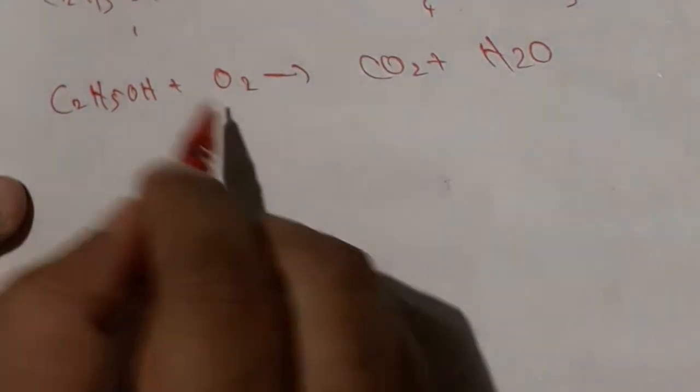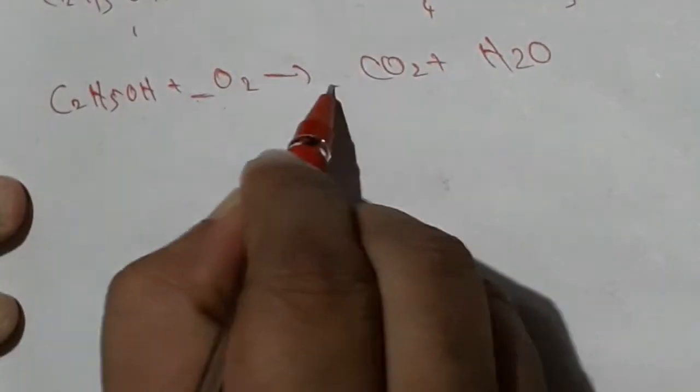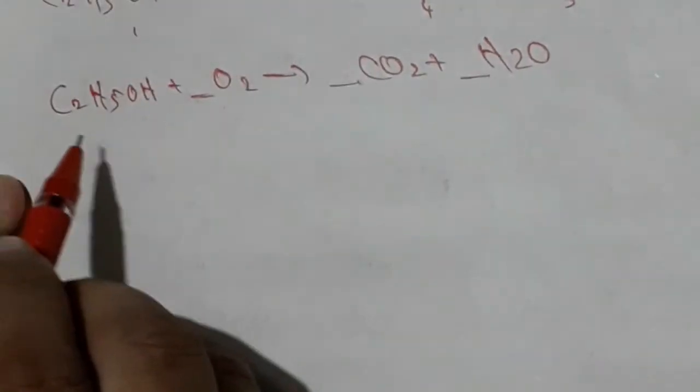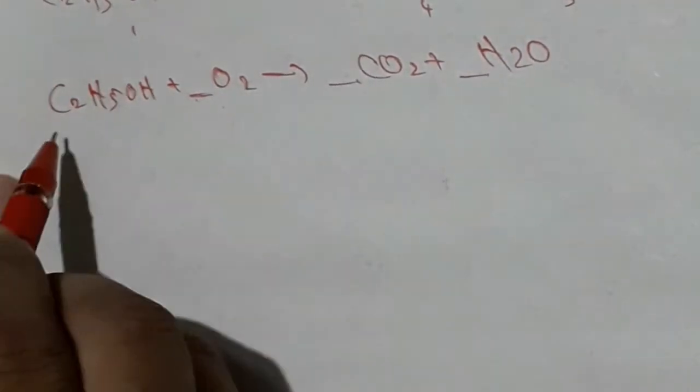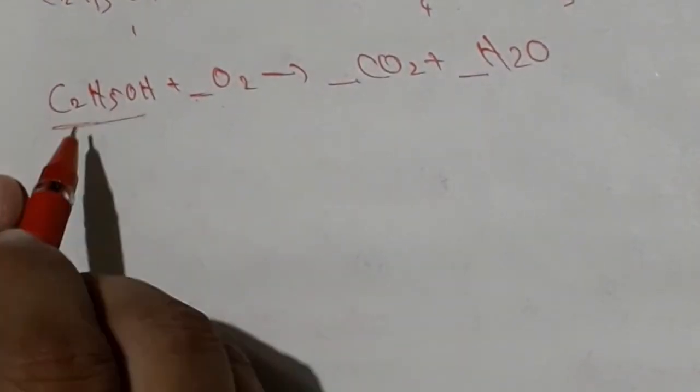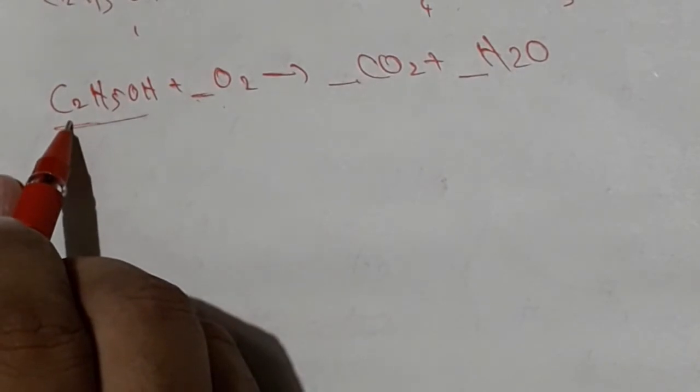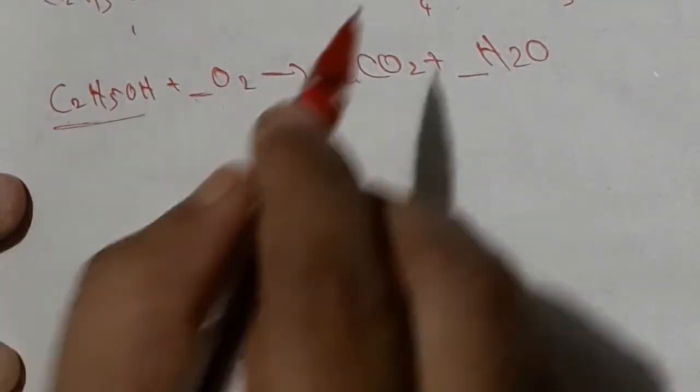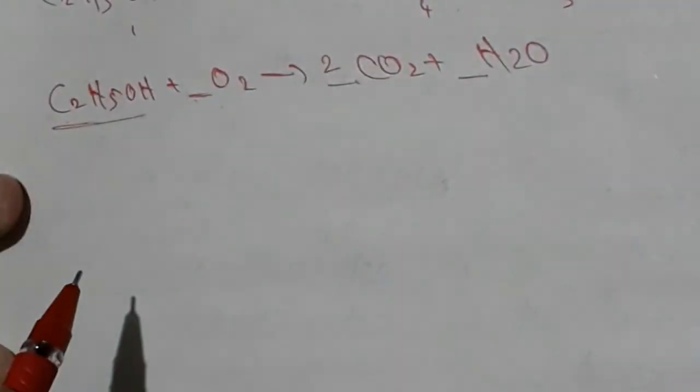To balance this, look here: how many carbon atoms are on this side? 2 carbon, C2H5. So there will be 2 carbon dioxide.